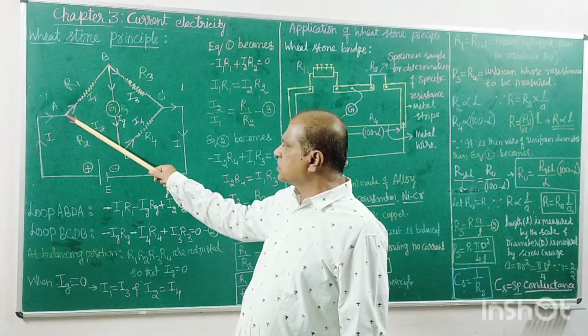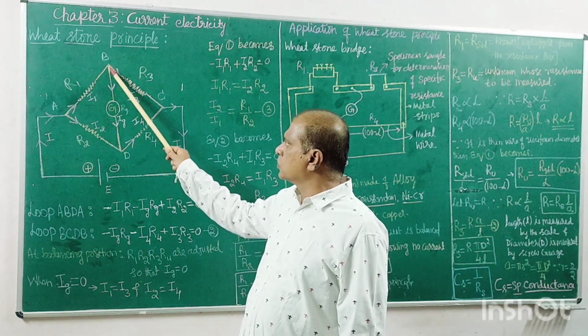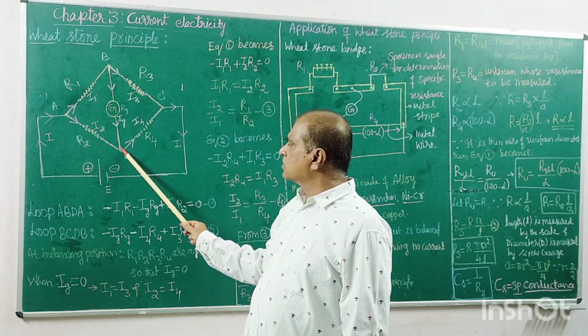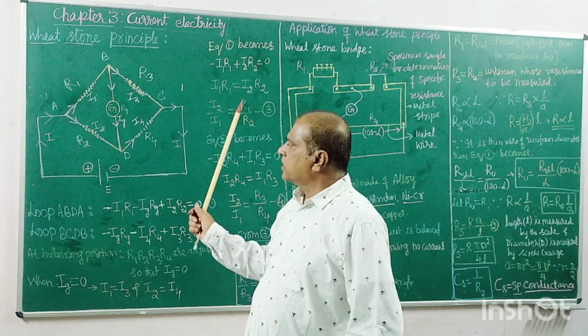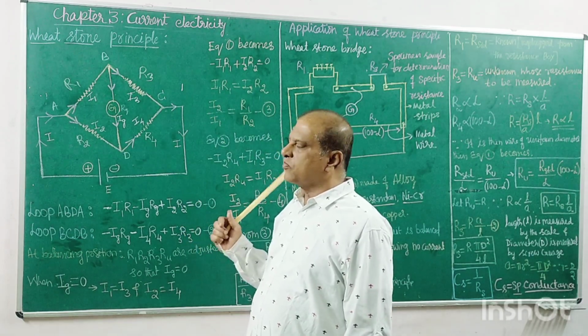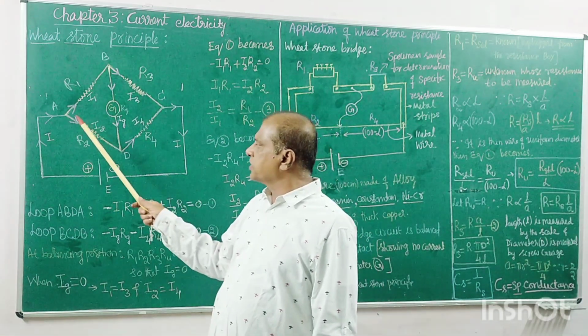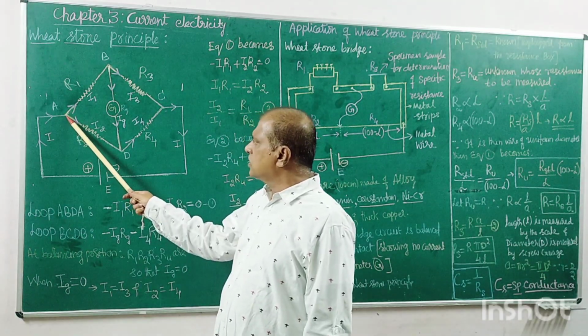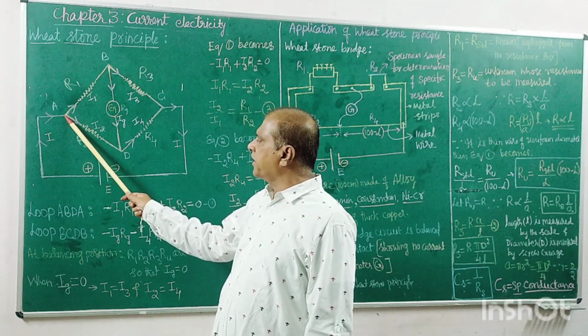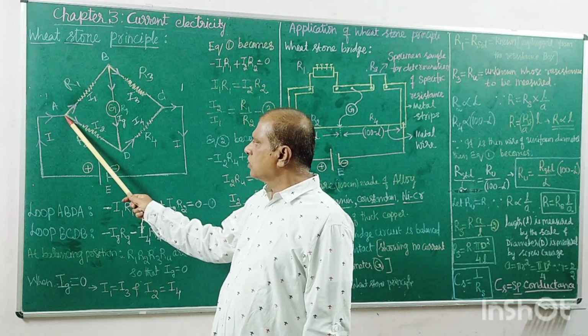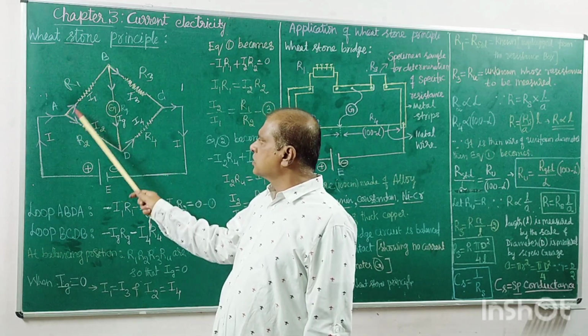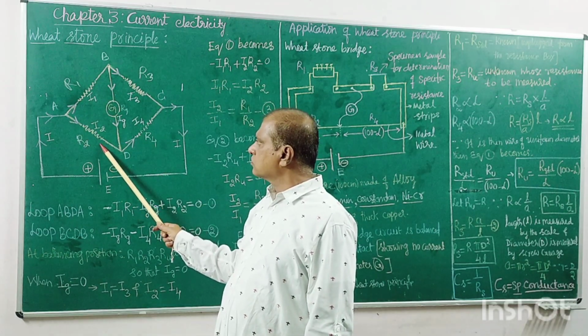There are junctions, or nodes. Let us understand how the current flows and divides at each junction. At this junction, the current is entering from the source, and these 2 junctions it is leaving.